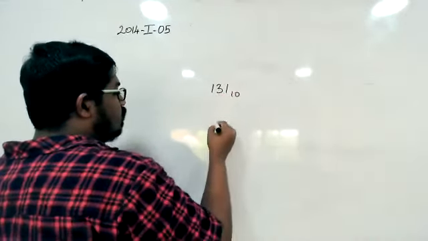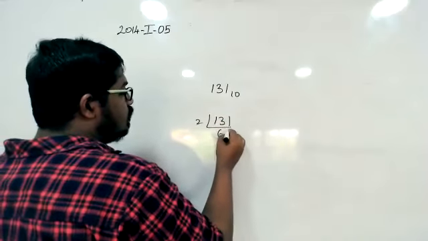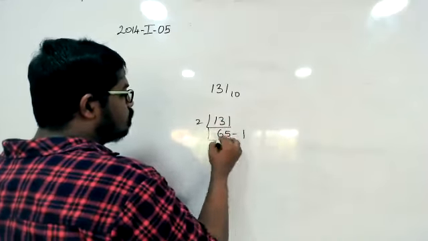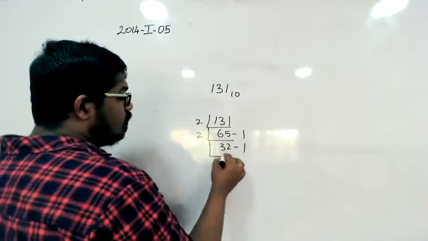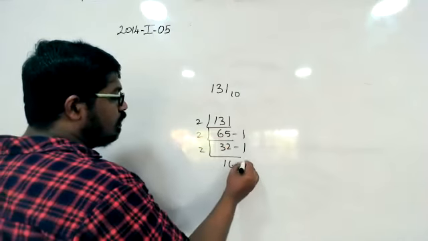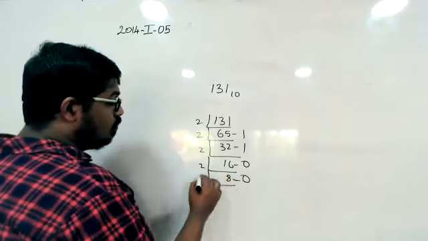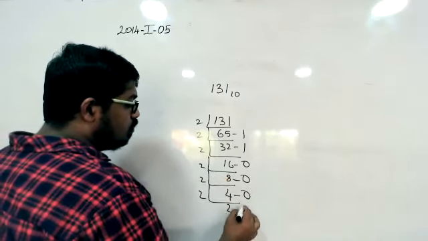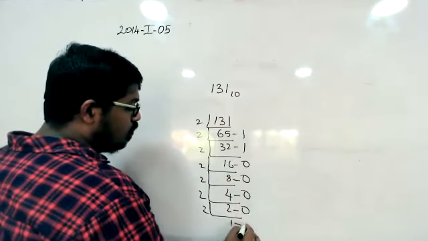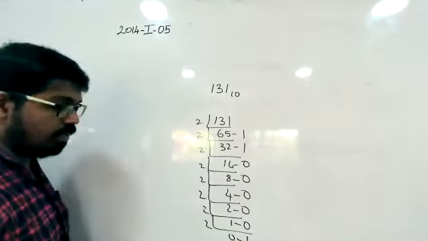So 131 divided by 2 is 65 remainder 1, 32 remainder 1, 16 remainder 0, 8 remainder 0, 4 remainder 0, 2 remainder 0, 1 remainder 0, 0 remainder 1.